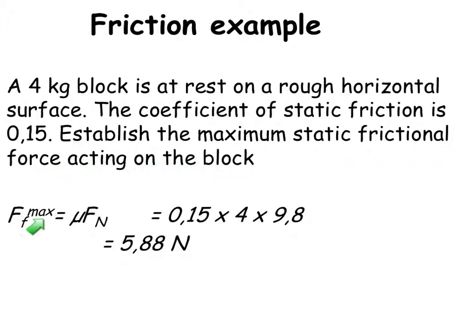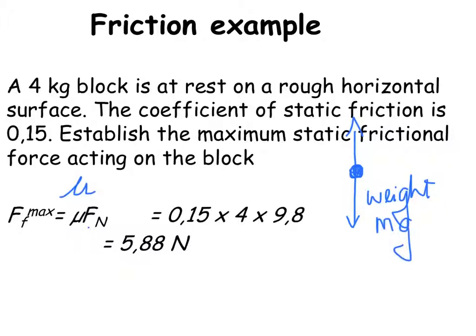So the maximum frictional force will always be the coefficient of static friction, which I abbreviate with a mu sign, and the Fn, which is our normal force. Remember, the normal force is always exactly equal to the weight, but in the opposite direction. So, as a result, that normal force is going to be equal to mass times gravitational acceleration.